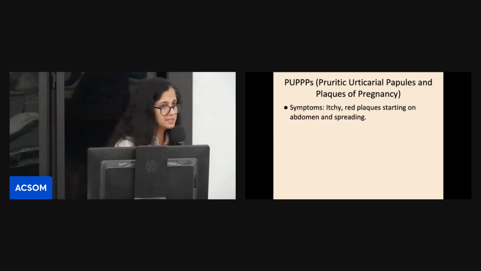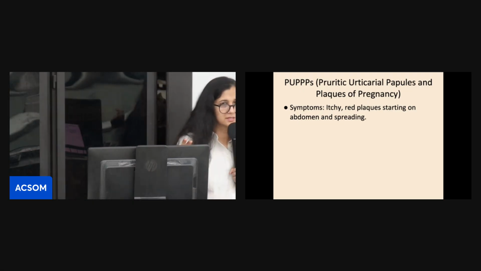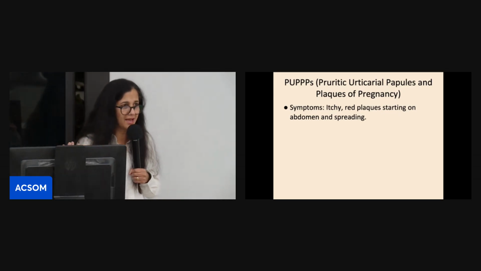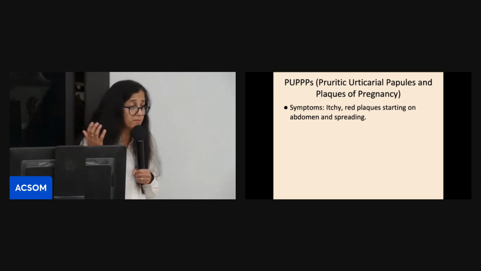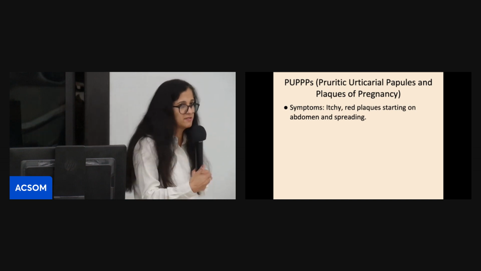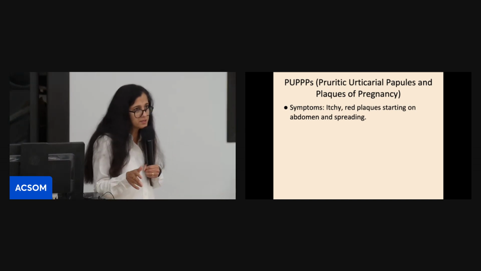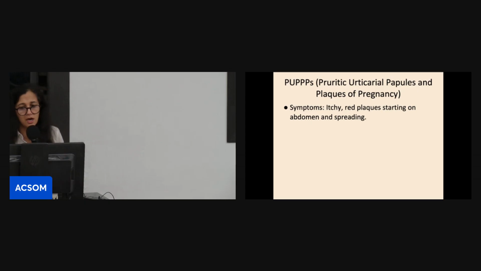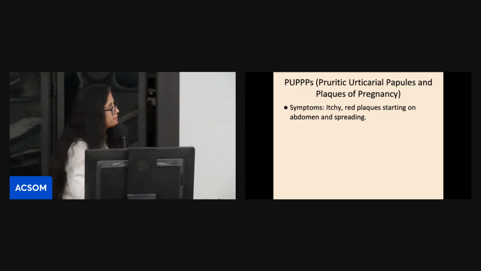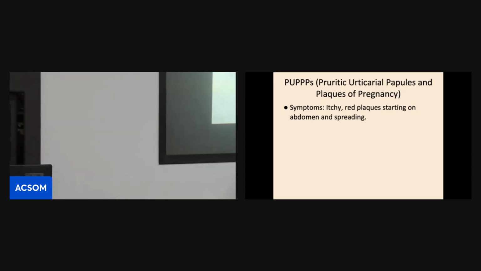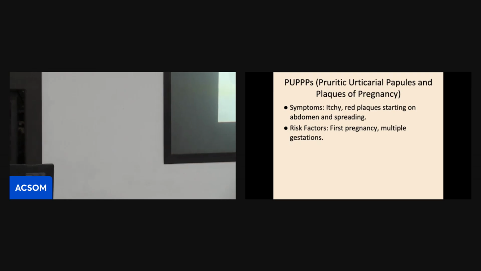The difference between ICP and PUPPs is that ICP doesn't typically have a rash associated with it. It's just this generalized feeling of itch, although it may become a rash if somebody's scratching it. PUPPs, on the other hand, has a rash that spreads, and it's typically on the abdomen. Risk factors are first pregnancy and multiple gestations.